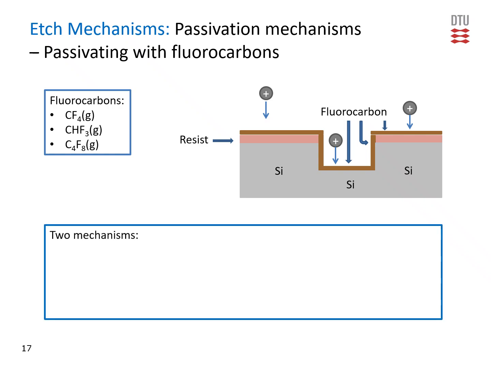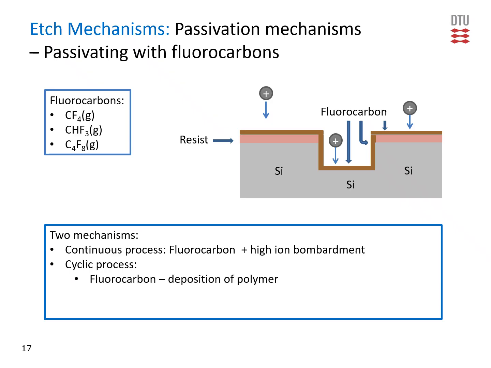There are two mechanisms to do this. There's a continuous process where we etch with a fluorocarbon gas and have a quite high ion bombardment at the same time. And then there's another mechanism called the cyclic process, where the fluorocarbon polymer is deposited first.